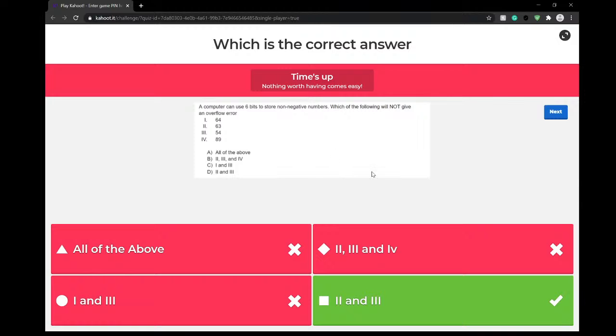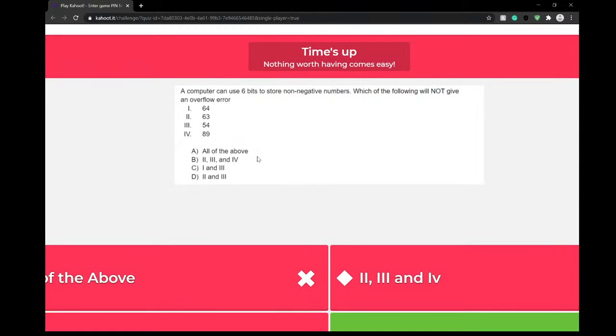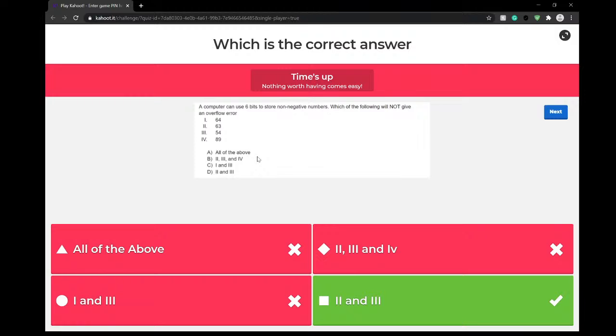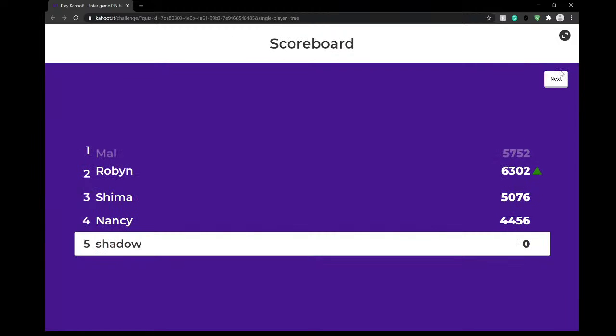Once you get that, you add all of them together to know what number you can put. So for 6 bits, it's 63. So 2 and 3 would be equal to or under 63. So those would work. So moving on.